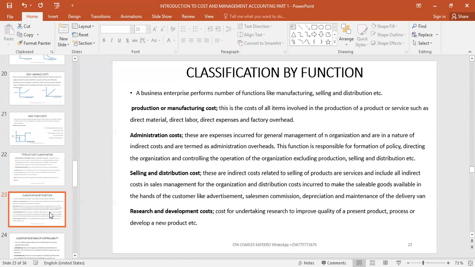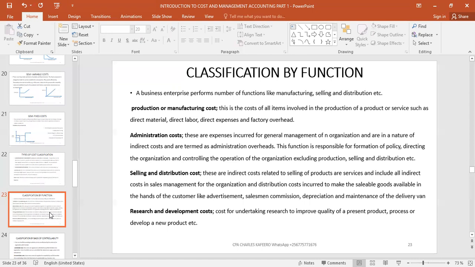If those costs were incurred in the manufacturing department, then we combine them as our factory expenses. If those costs were incurred in selling the items we've produced, then we call them the selling and distribution costs.